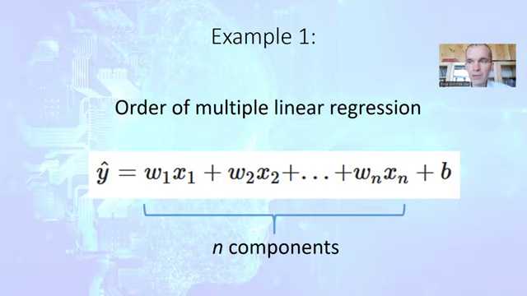Coefficients W and B are the parameters of this model, but the number of weight coefficients W is a hyperparameter. It defines the configuration of this model. So the order is a hyperparameter, but the specific values of W and B are the values of parameters.